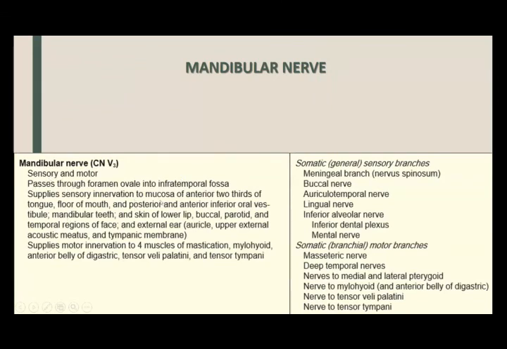The sensory component passes through the foramen ovale into the infratemporal fossa. इसकी सप्लाई क्या है? सप्लाई करती है जनरल sensations to the tongue, anterior 2/3 of the tongue, plus floor of the mouth, plus inferior oral vestibule को, gums को. ठीक है, मैंडिबुलर टीथ को सप्लाई करती है, लोअर लिप को सप्लाई करती है. उसके अलावा ये बकल, पैरोटिड ग्लैंड को थ्रू द ऑरिकुलोटेम्पोरल नर्व सप्लाई करती है. टेम्पोरल रीजन ऑफ द फेस को करती है, एक्सटर्नल लेयर ऑफ ऑरिकल को करती है थ्रू द ऑरिकुलोटेम्पोरल नर्व प्लस टिम्पैनिक मेम्ब्रेन उसको करती है.